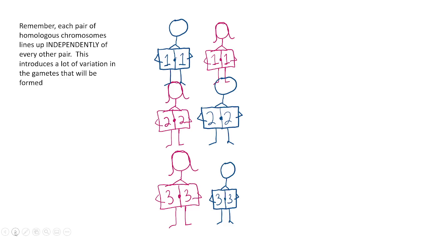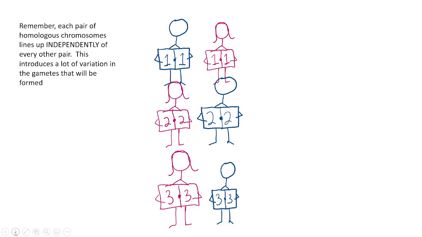Each pair of homologous chromosomes lines up on either side of that midline independently of every other pair of chromosomes. Okay? That independent lining up is going to create a lot of variation in the gametes that can be formed. Okay? We're going to go with this particular lineup and we're going to move forward.